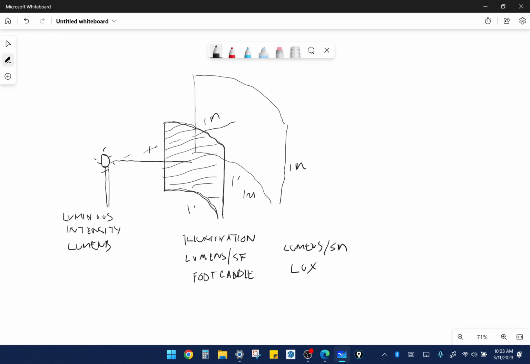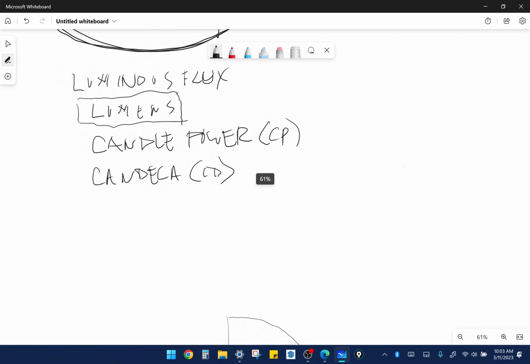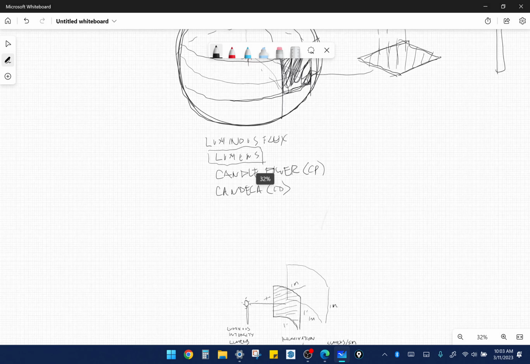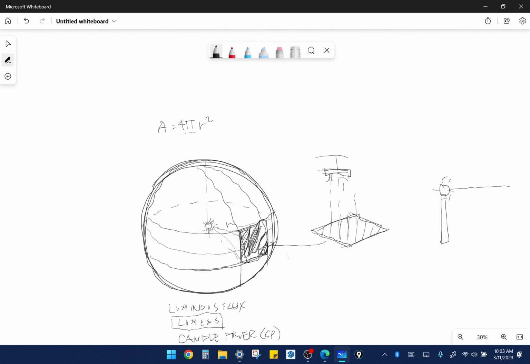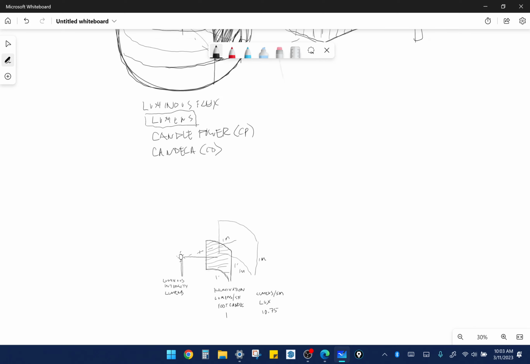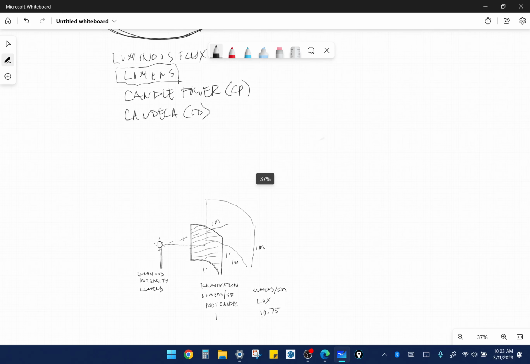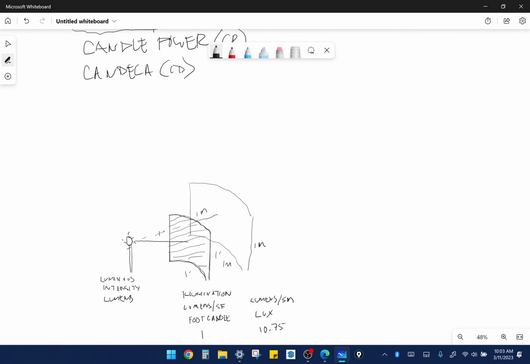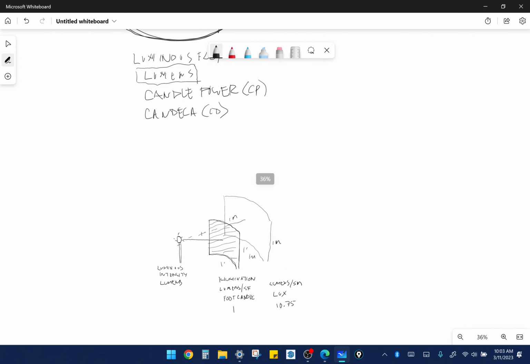And 1 foot candle equals about 10.75 lux. And that's simply because of this relationship. So as we get further away, like the difference between 1 foot and 1 meter from this light source, these should be on the same axis, obviously.